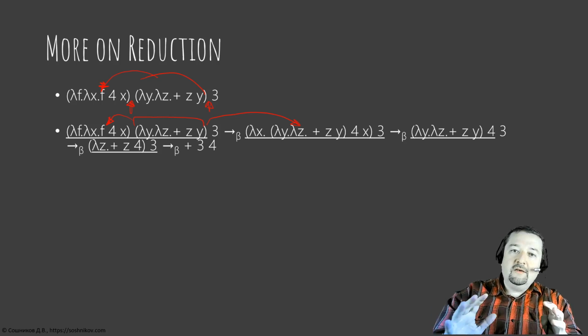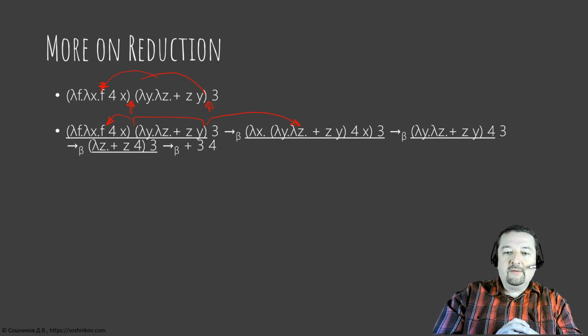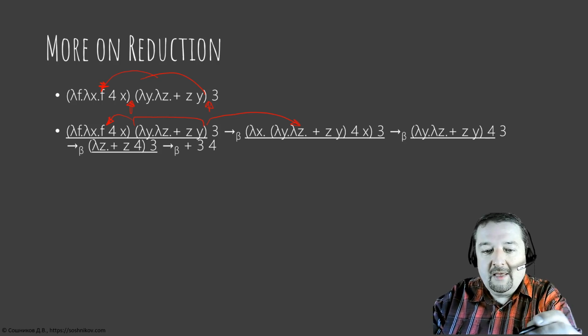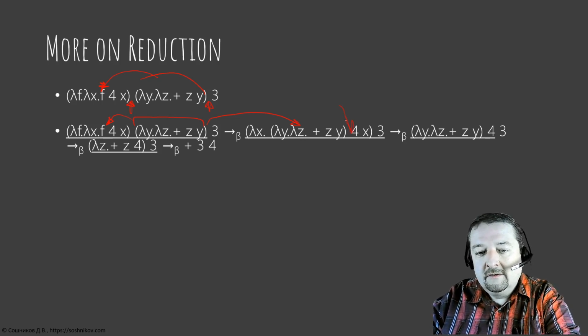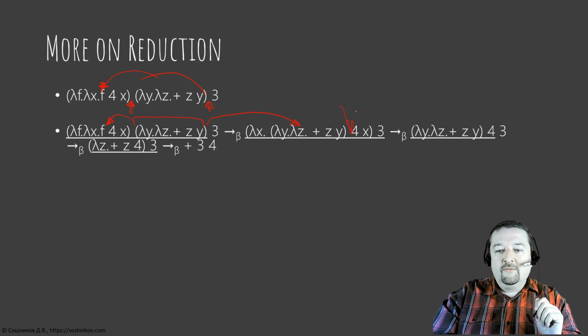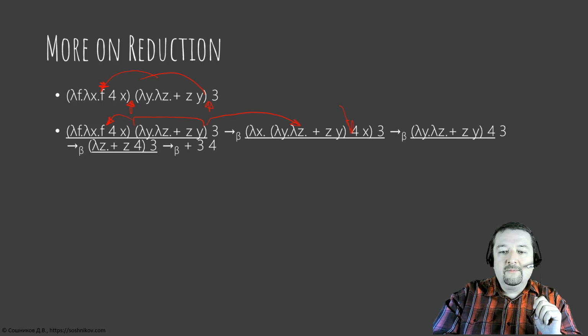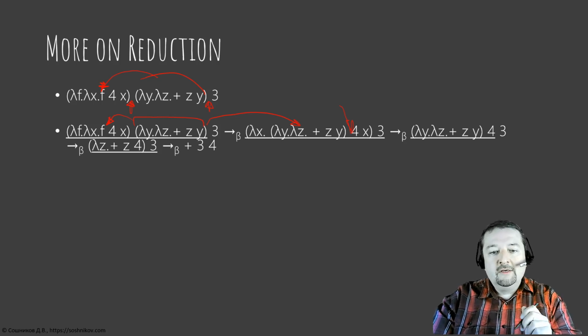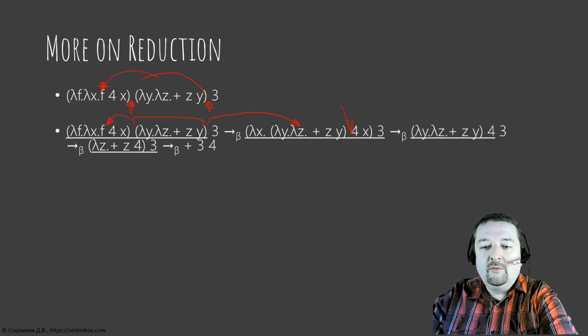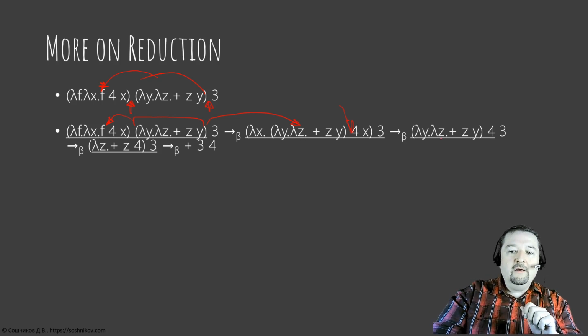So this would be the result of the first beta reduction step. And then I can notice that this expression also consists of several applications. For example, I can start using this application. For this application, I would need to put 4 instead of x. Right? So it would leave me with lambda y lambda z plus zy and 4 3.